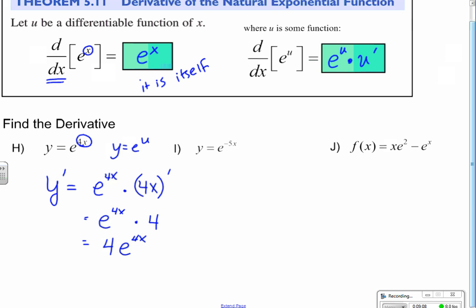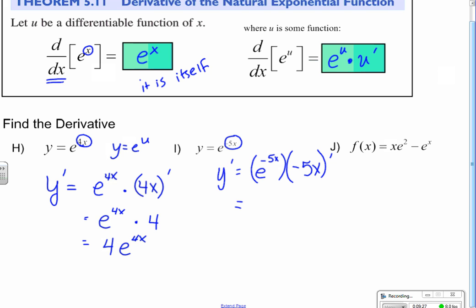Kind of the same rule applies here. This is like my u. So I'm going to have y prime equals: it is itself, just get used to saying that to yourself, multiplied by the derivative of that exponent.